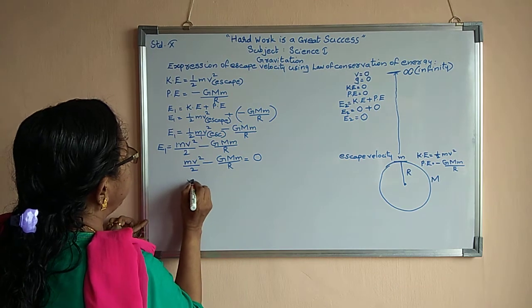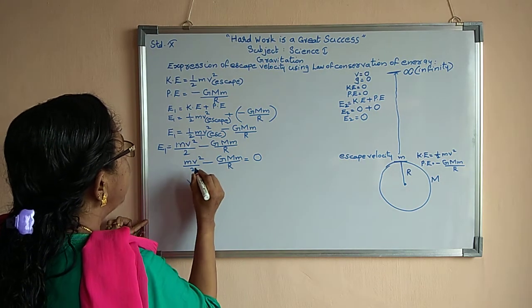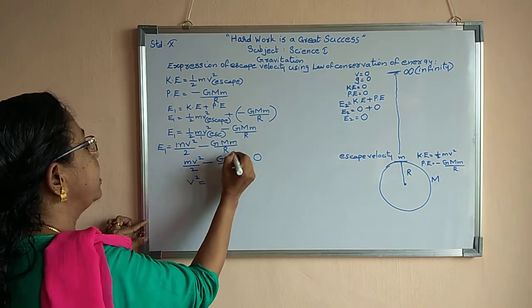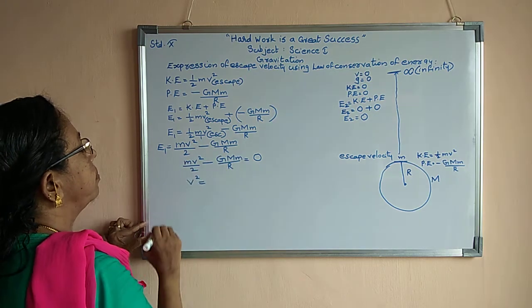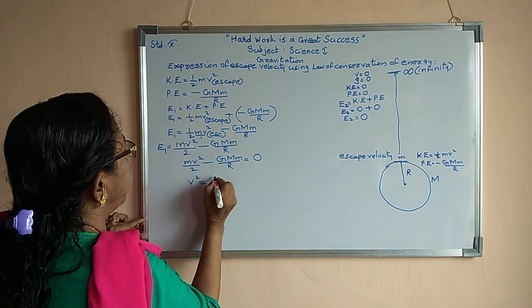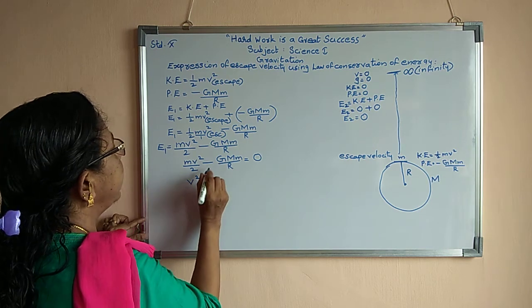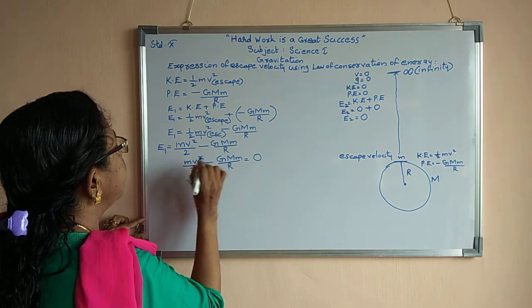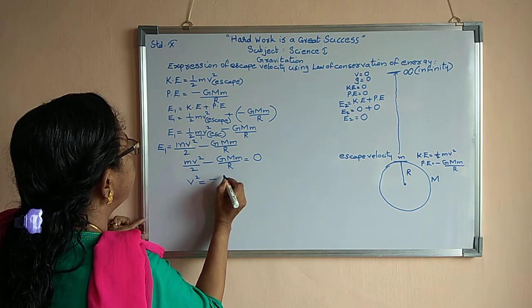V square I am keeping here. V square is equal to. Then this 2 will go up, and m will come down. Then V square is equal to minus, the value is not changing. Then this m I am taking to that side, as well as 2.